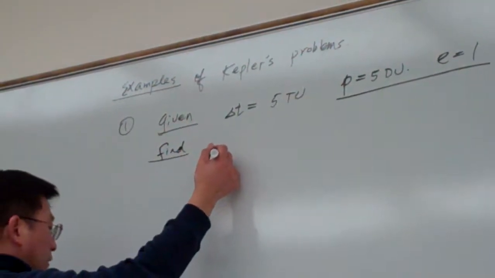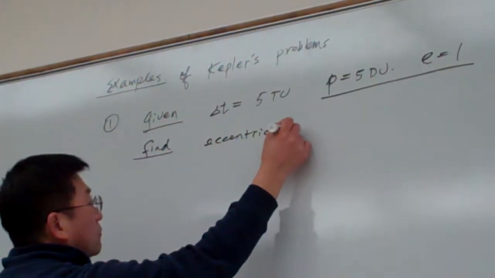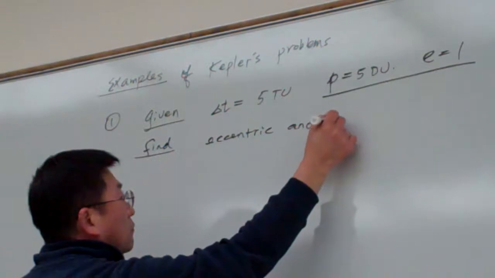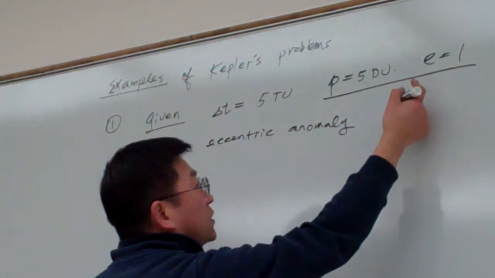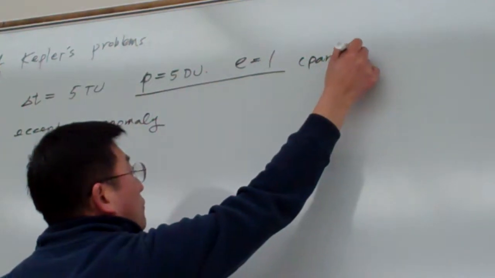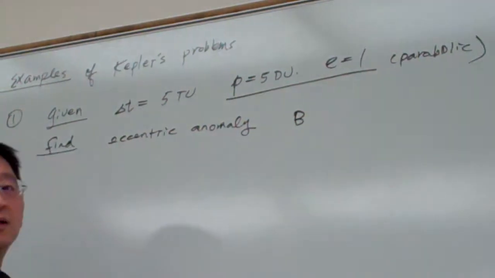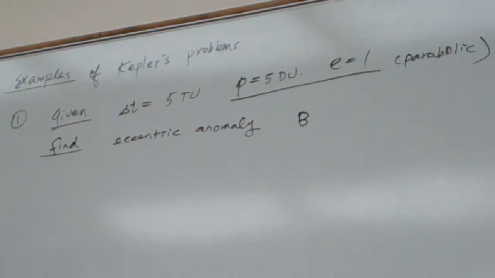And we're going to find the eccentric anomaly, because this is for parabolic. And in terms of our orbit, we're using B as an eccentric anomaly for parabolic orbits.